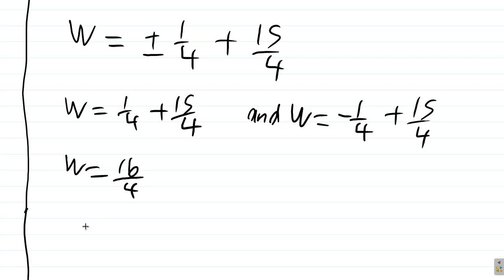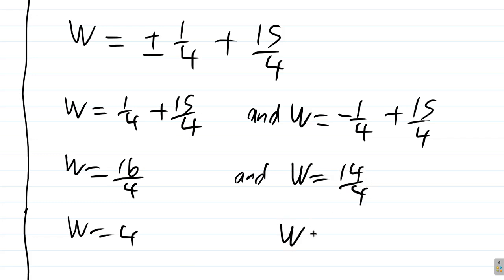In this case, w is 4. And the other one, negative 1 quarter plus 15 quarters. Negative 1 plus 15 is going to be what now? Negative 1 plus 15 is 14. So w is 14 quarters. So w is 14 over 4.